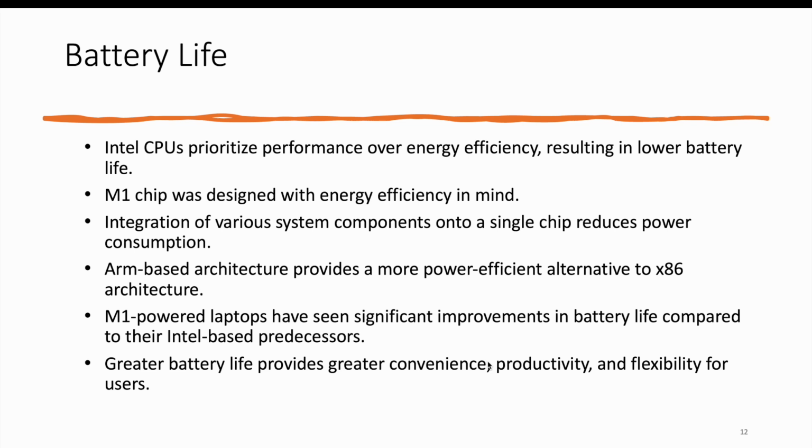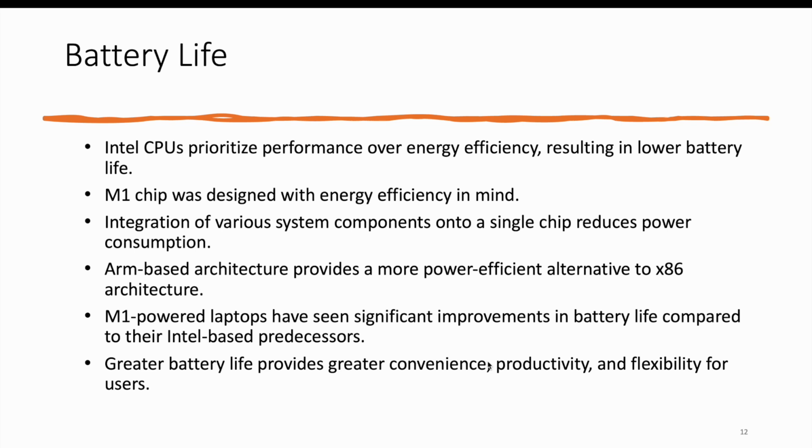The M1 chip, on the other hand, was specifically designed with energy efficiency in mind. Its integration of various system components, including the GPU, CPU, and RAM, onto a single chip allows for more efficient communication between these components.